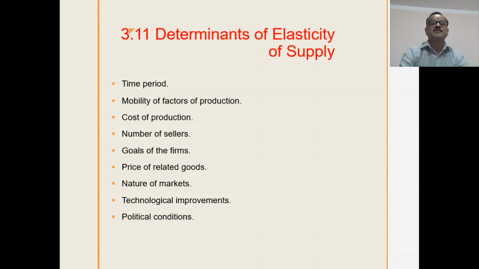And mobility of factors of production: if factors of production are mobile, that can be transferred from one sector to another sector, one place to another place, then its elasticity of supply will be less. If it is not mobile, then it will be high. In this way, all determinants are here to show different sorts of elasticity of supply.